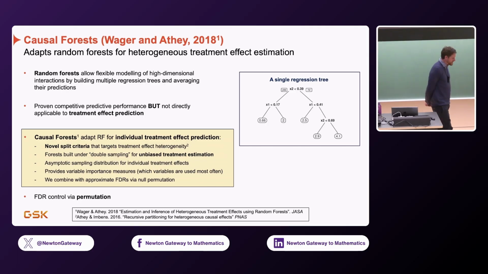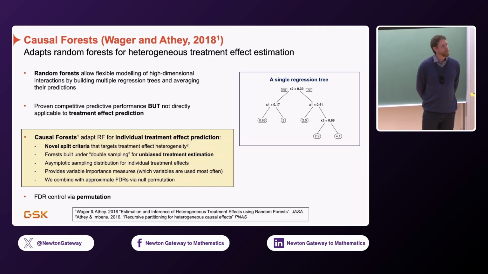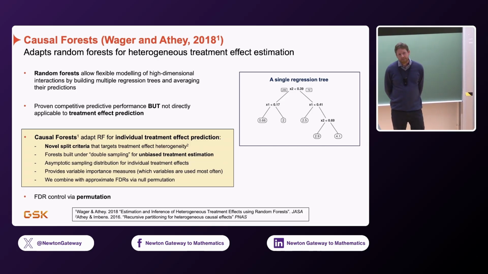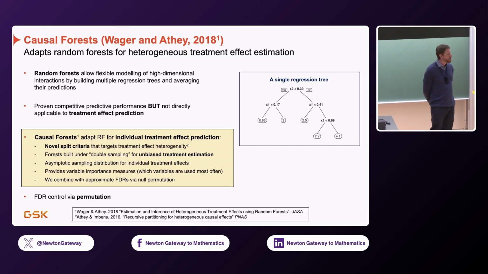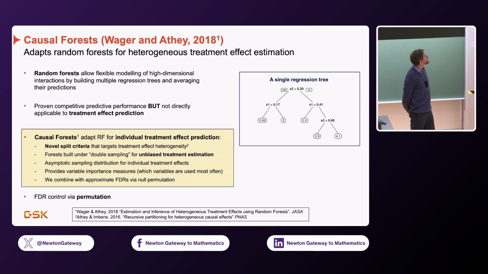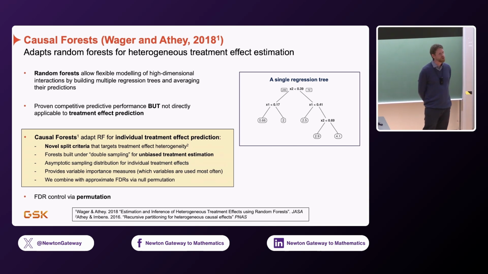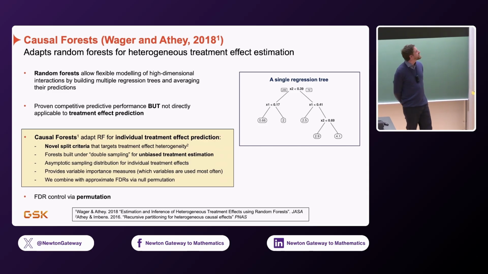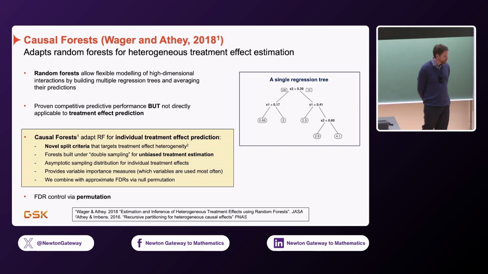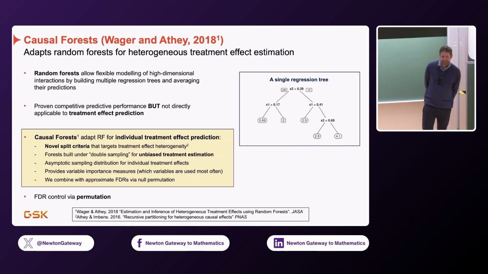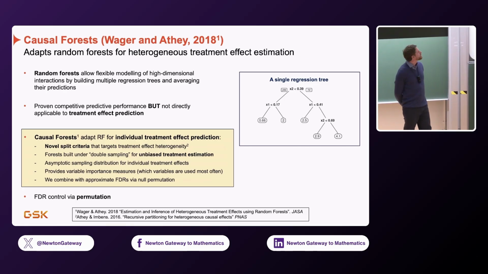So the next approach we'll talk about is causal forest. I imagine many of you in the room are familiar with random forest, but just a quick recap in case anybody isn't. On the far left of the slide is a cartoon regression tree where you have a set of variables ordered with thresholds that partition your data set, and predictions from this regression tree will be based just on the average outcome values in each partition this creates.